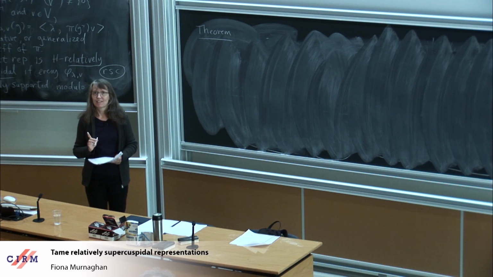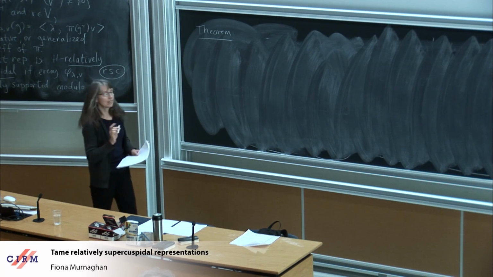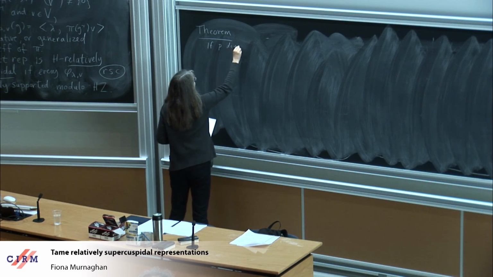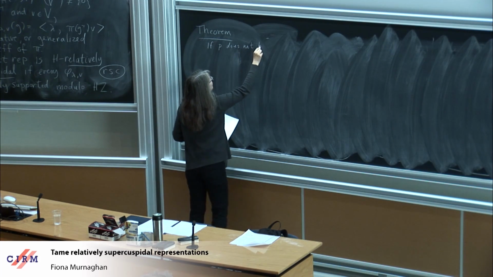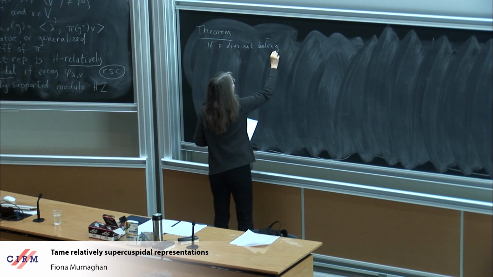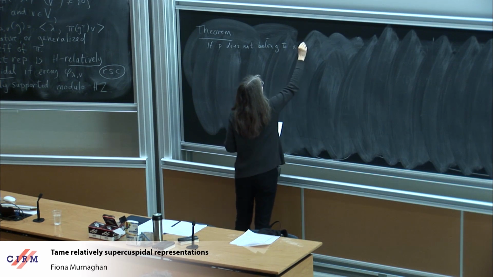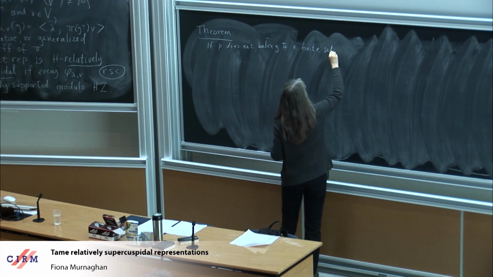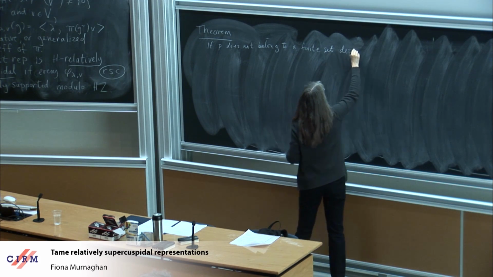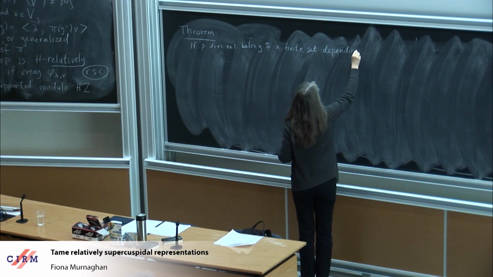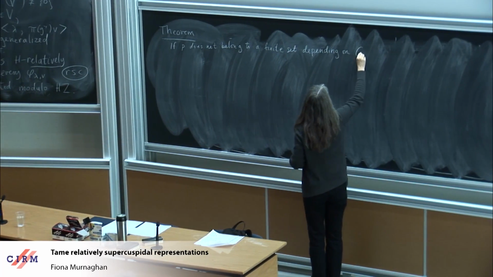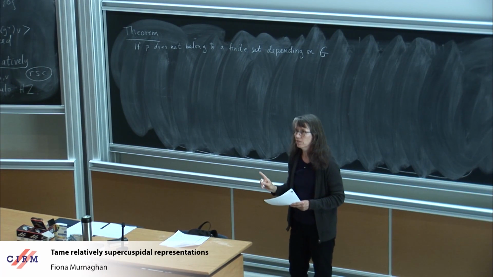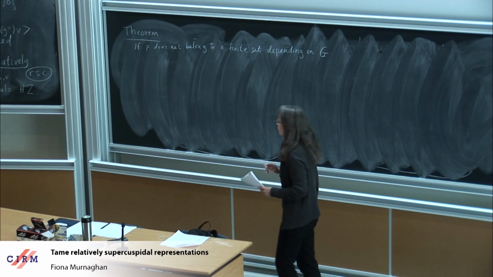So as long as p does not belong to a certain finite set, where p is the residual characteristic, depending on G or its root datum. Actually, p should not be a torsion prime for the dual of the root datum, but I think we have some other constraints as well.